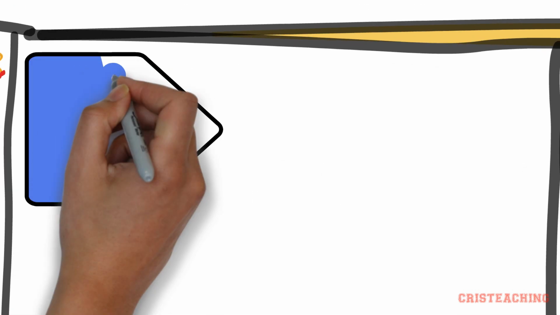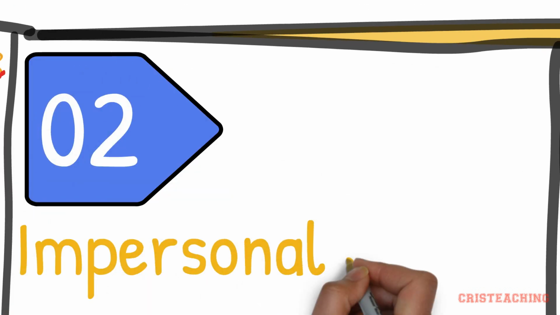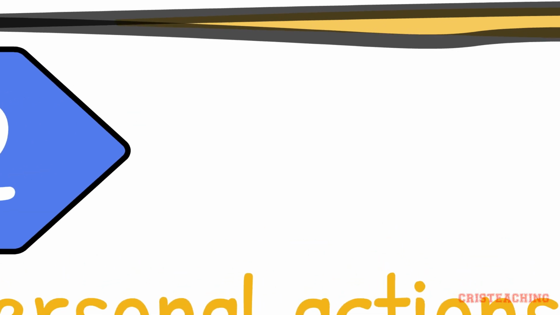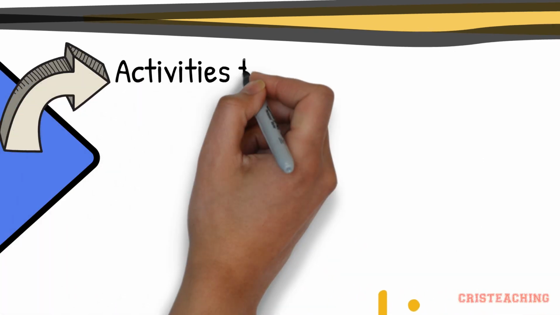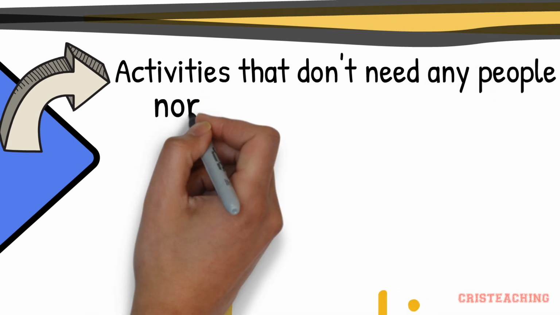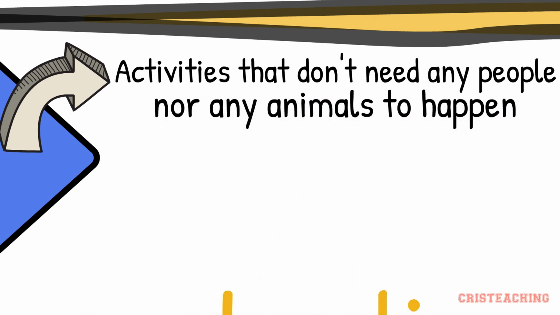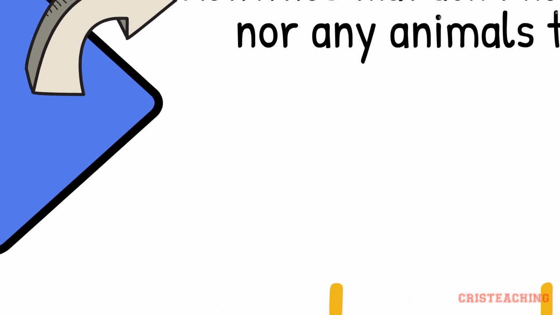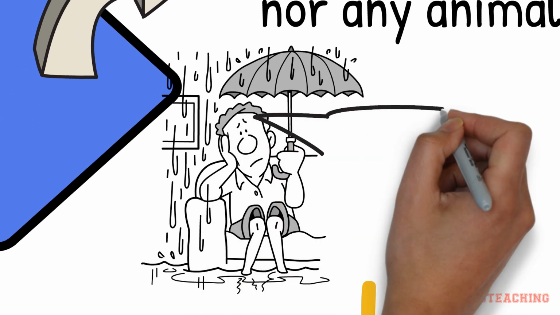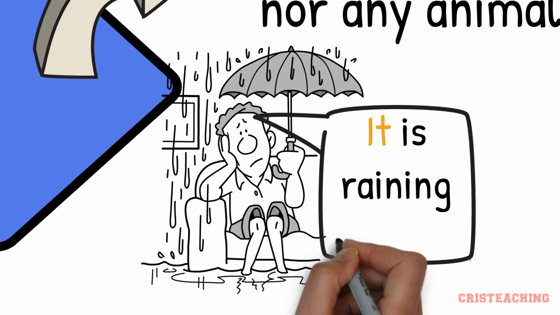Second, we also need to use "it" when we have impersonal actions. Impersonal actions are activities that don't need any people nor animals to happen. It is raining so much.